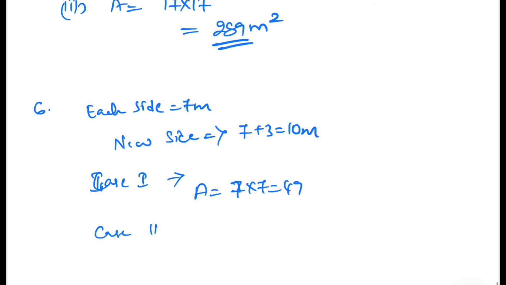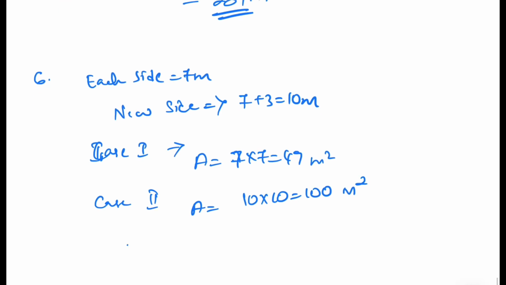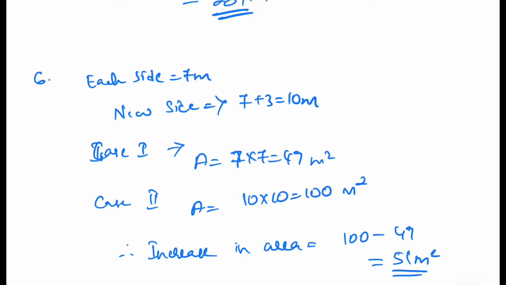Case 2, area will be 10 into 10, that is equal to 100 meter square. So what's the question asked? Therefore, increase in area they've asked, right? Increase in area is equal to 100 minus 49, that is equal to 51 meter square.